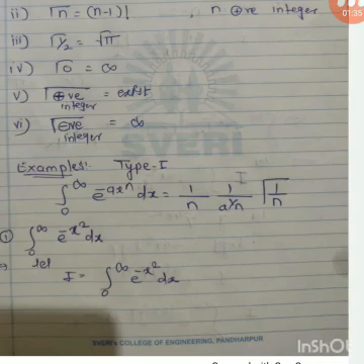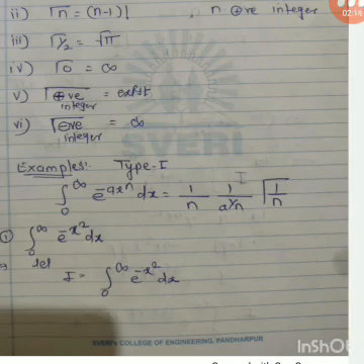Hope that you are understanding. If it is a rational number in the form of a fraction p by q, like 2 by 3 or 8 by 3, then we can write gamma of 8 by 3 as 8 by 3 minus 1 into gamma of 8 by 3 minus 1. Okay, in this way we can simplify the gamma function.